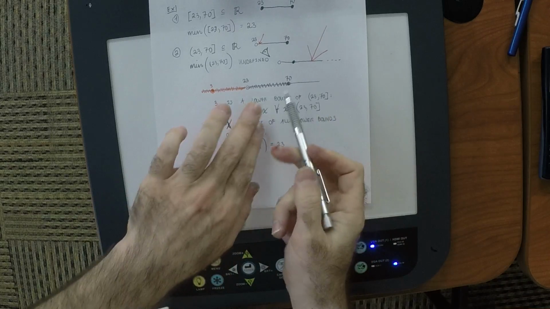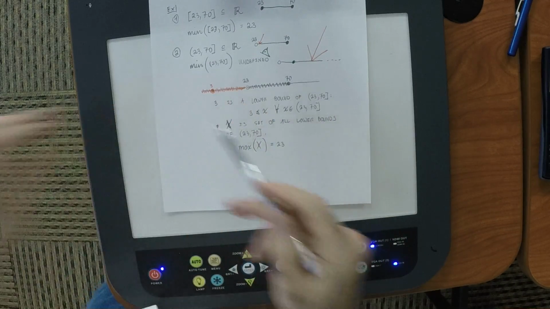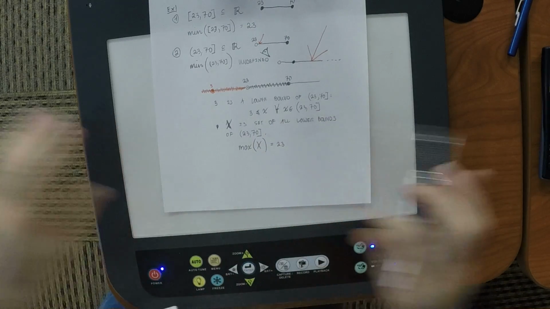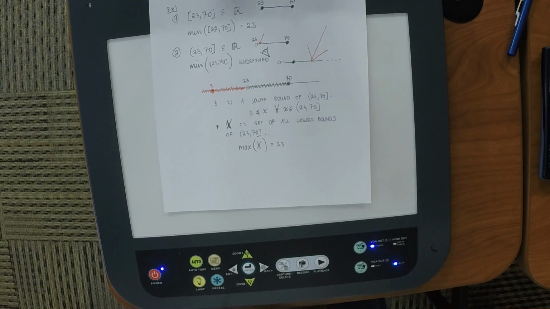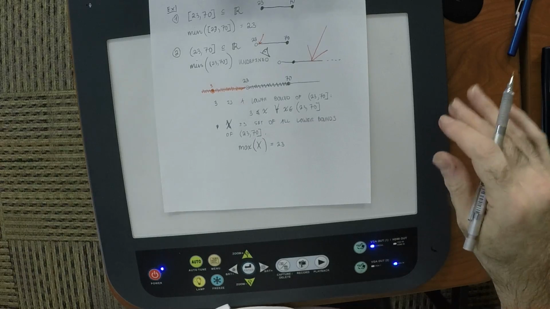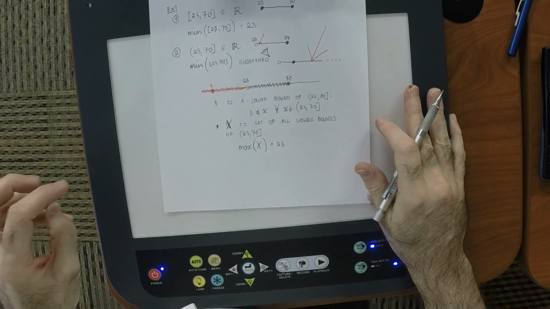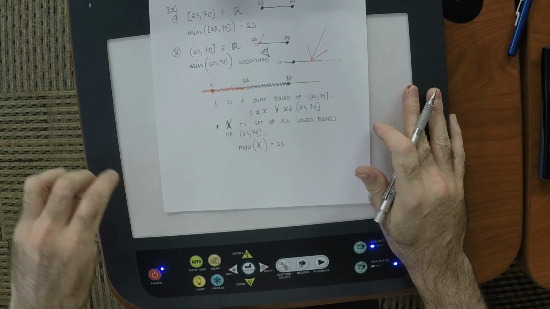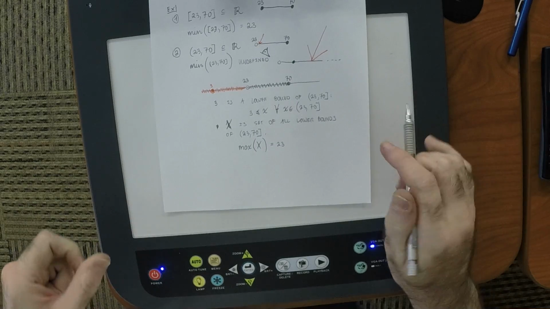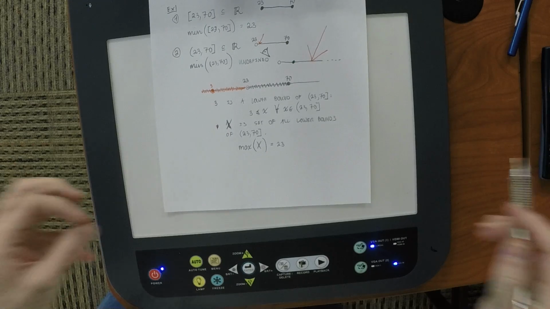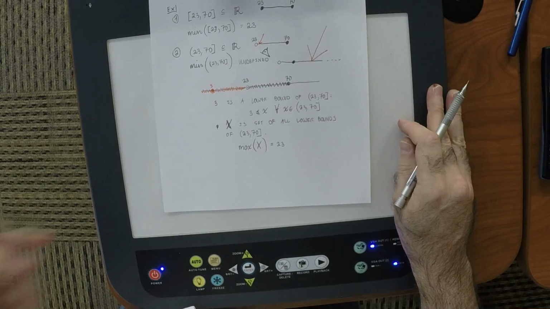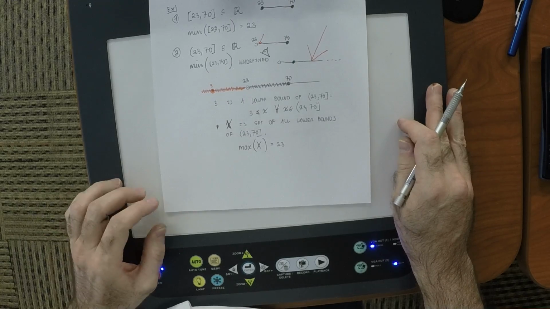If a set has a lower bound, if there is one, because there doesn't need to be one. For example, the reals, all the reals, don't have a lower bound. But if the set has any lower bound, then it must have a greatest lower bound. And that greatest lower bound is called the infimum. And if the set of upper bounds is nonempty, then that set of upper bounds must have a minimum, and that's called the supremum.